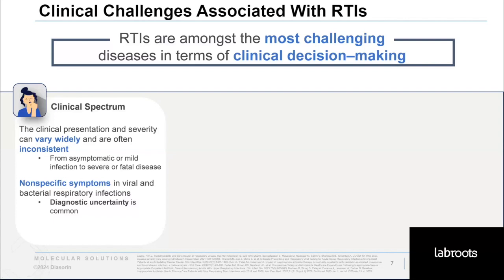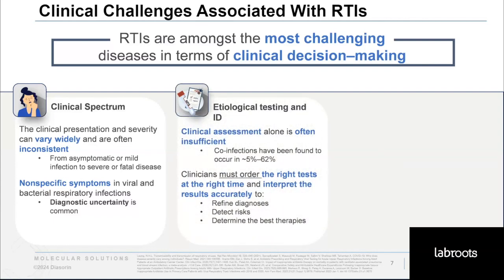Not only that, but patients can also exhibit nonspecific symptoms that are common to both viral and bacterial infections, which can lead to diagnostic uncertainty. And this uncertainty can then result in delay in diagnosis, unnecessary testing, and even overuse of antibiotics, even in cases of viral infections. This is why testing is crucial for identifying the pathogen or pathogens responsible for the infection.